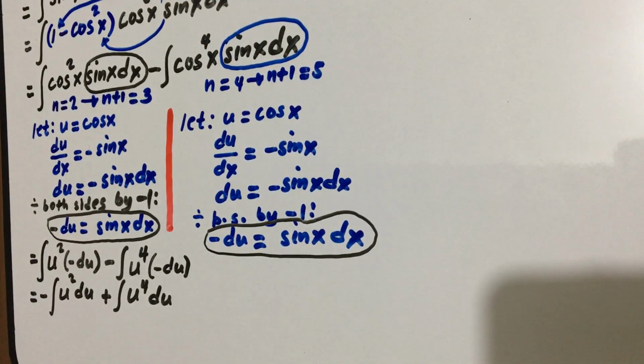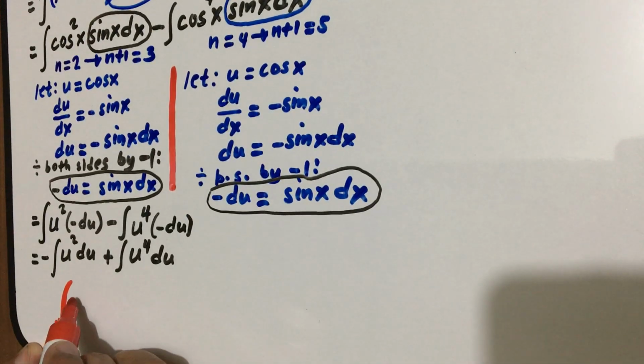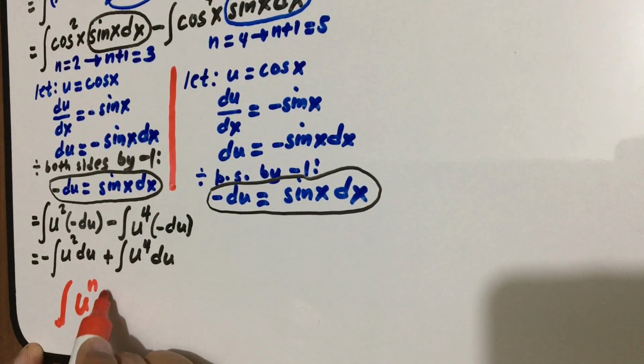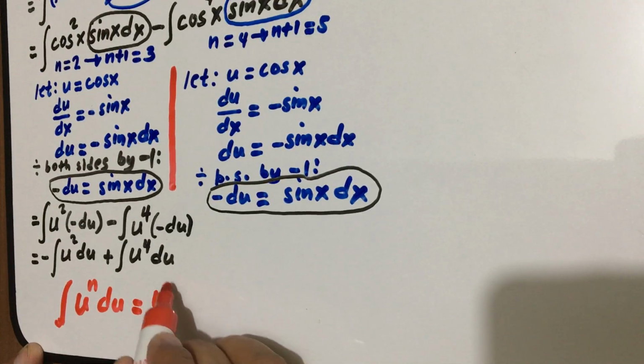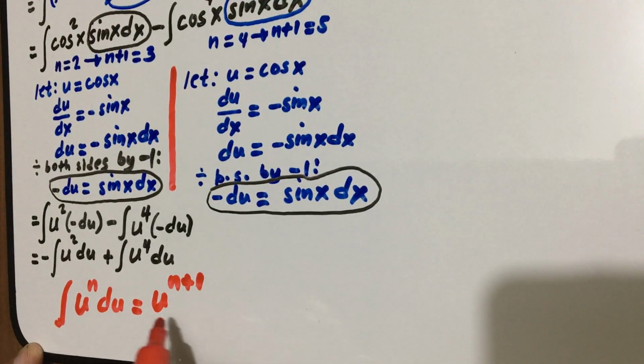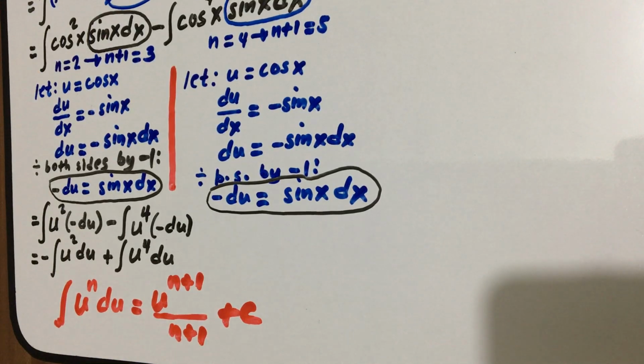And using the power formula, our power formula is the integral of u to the n du equal to u to the n plus 1 divided by n plus 1 plus c. So we have to make use of that formula. I will continue it here on the right side.